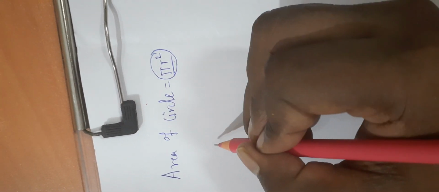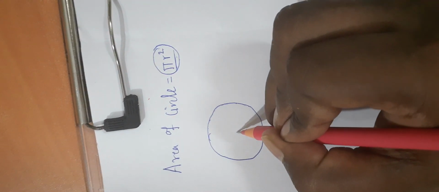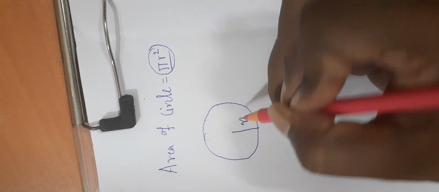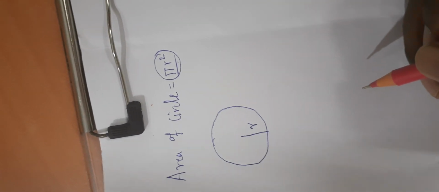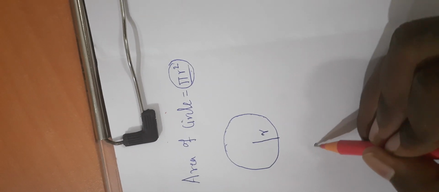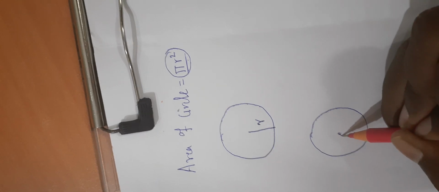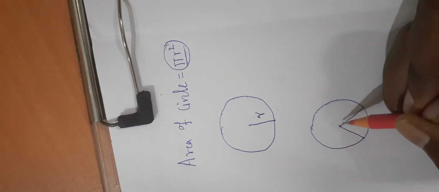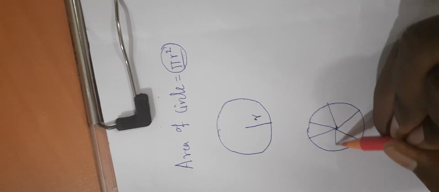So let's say we have a circle whose radius is r, and let's say we have one cutout of this circle. This circle we will try to cut into 8 or 16 equal pieces.